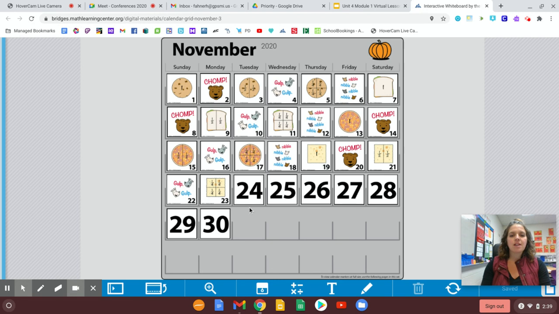What do you think is going to be on our card for tomorrow? Some of you said it's going to be an animal. How many animals are going to be on my picture tomorrow? Go ahead and say it out loud.